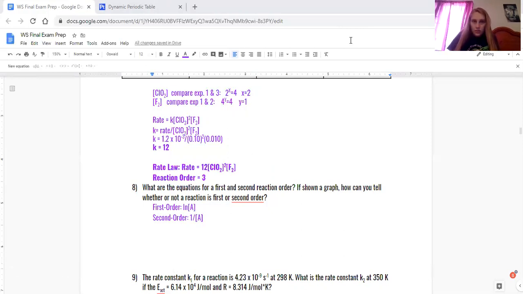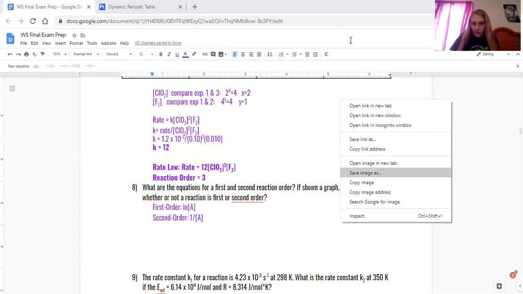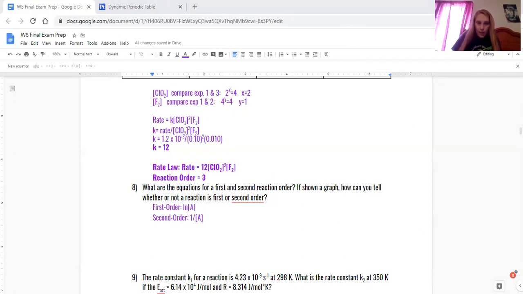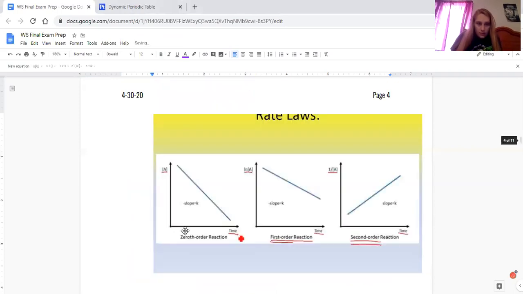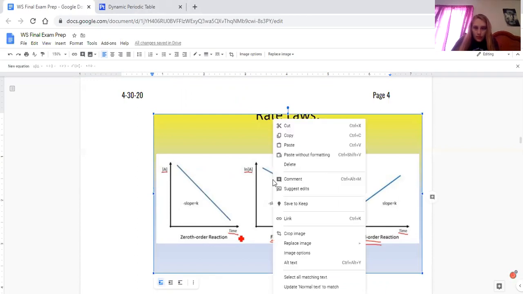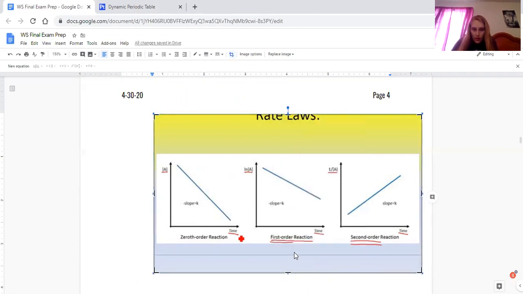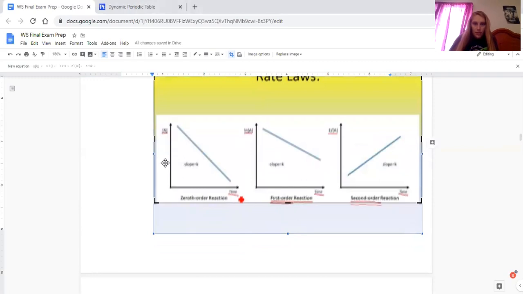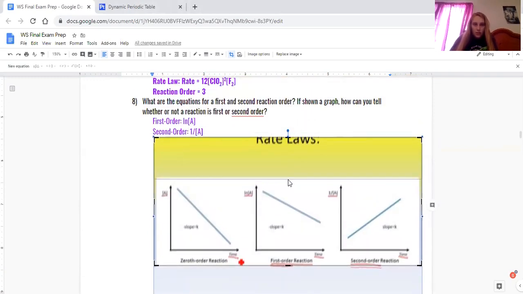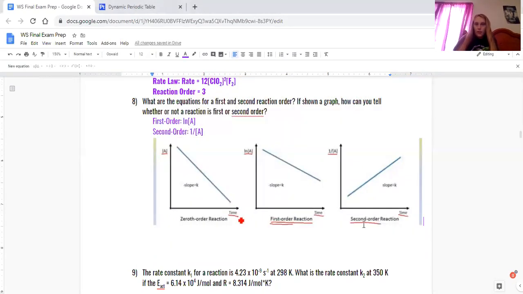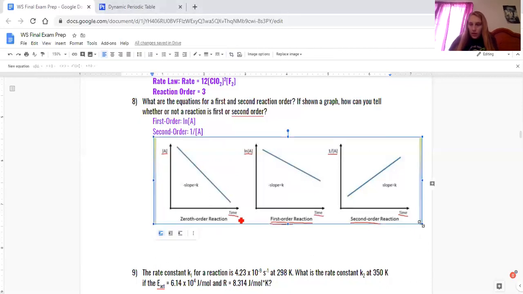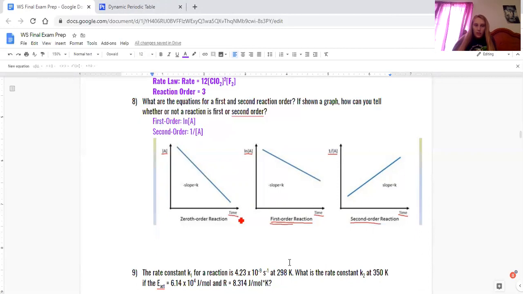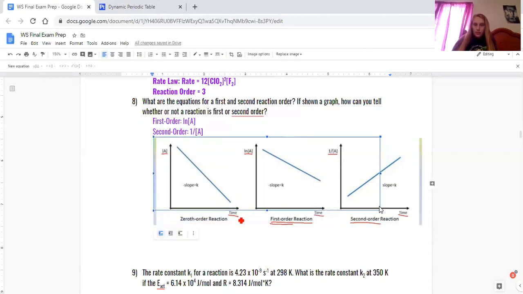Okay, this will work. Here we go. I'll get y'all a picture, which is way huge. Don't need all of that. Okay, and that'll show you a zero order also. But there you go. You guys have some graphs you can look at now to kind of see those values a little bit.